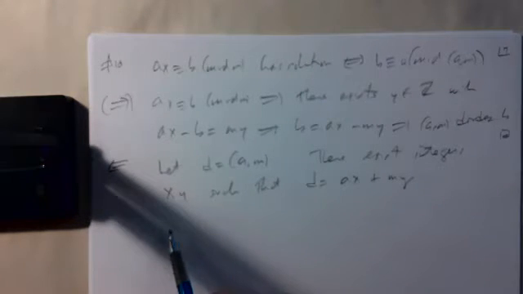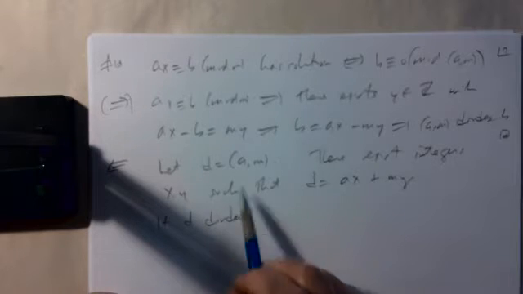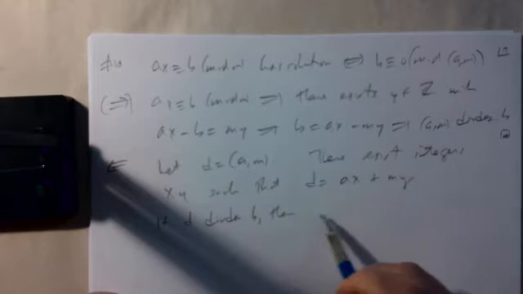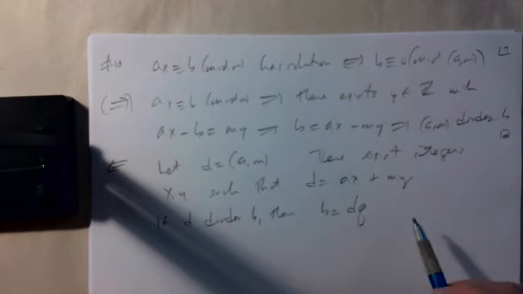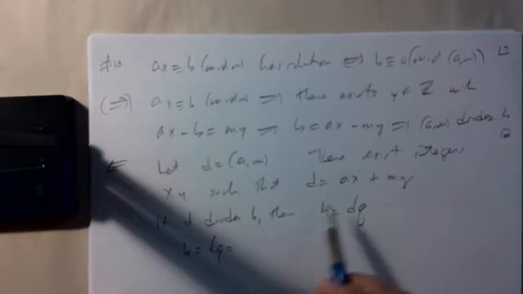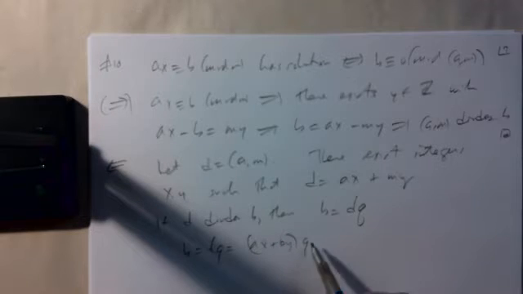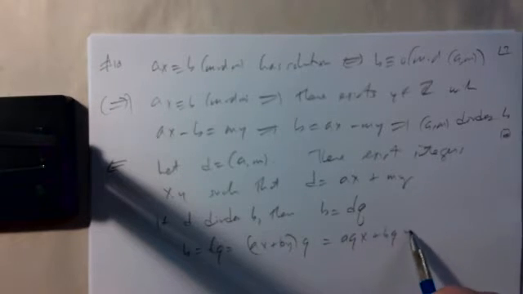And if d, the greatest common divisor of a and m, divides b, that means b is d times some number q. So b, that's dq, but d is ax plus my times q.